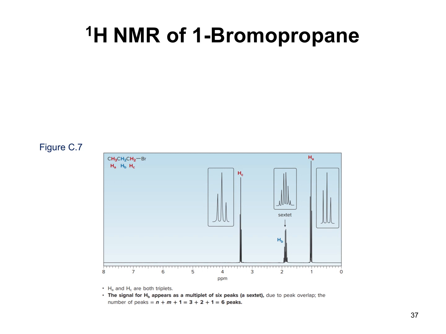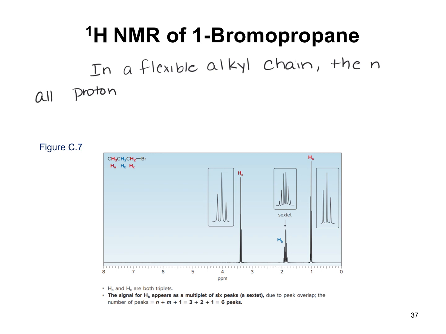So in a flexible alkyl chain, right, the N protons, which remember that's from our n+1, right? So whatever number of protons that is, let's say N alkyl protons, on 1 adjacent carbon.